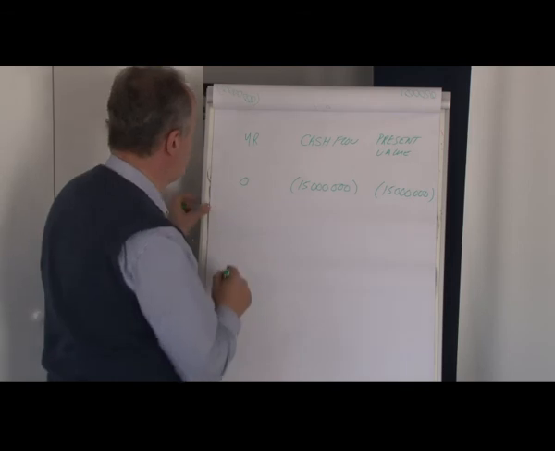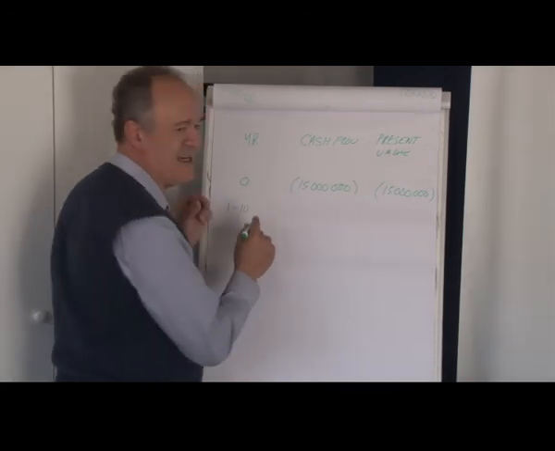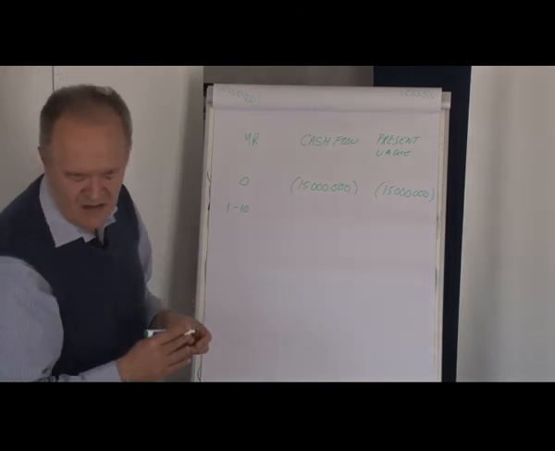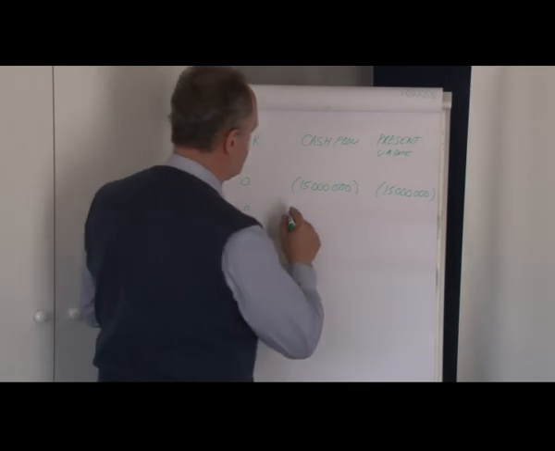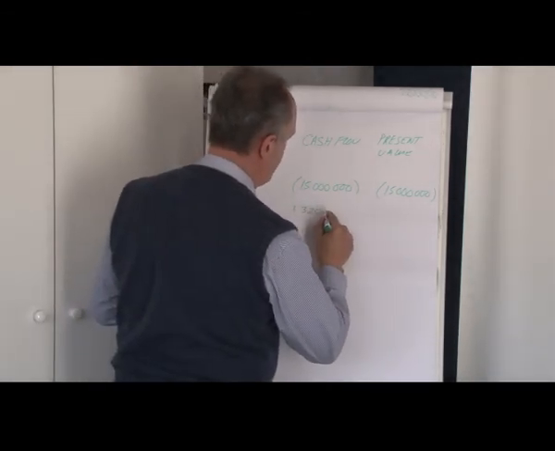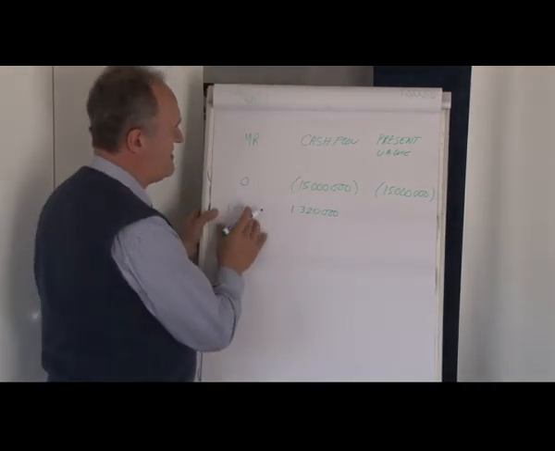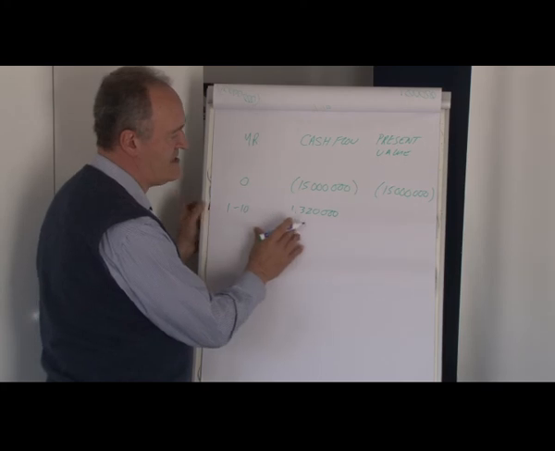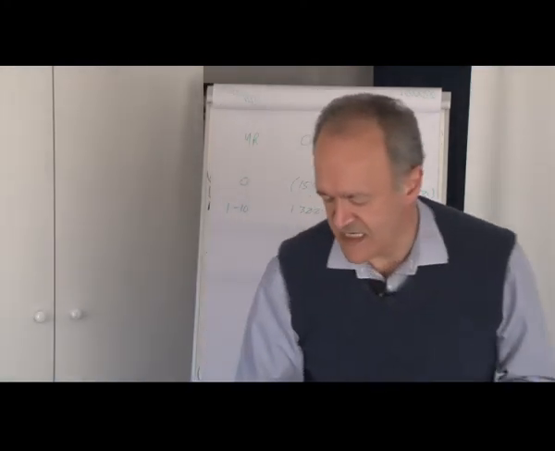From years 1 to 10, we had a regular income flow of 1,320,000, which we've determined on the previous page. We need to work out the present value of that annuity, the 10-year cash flow.